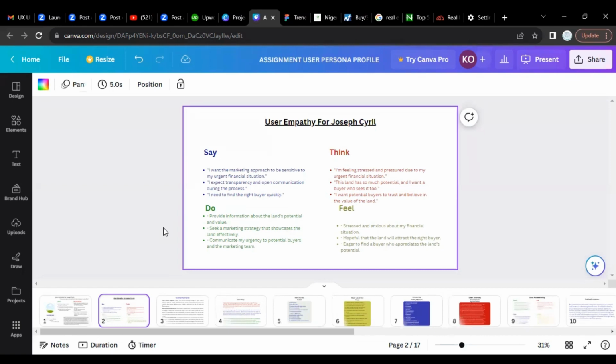For example, says means whatever the user says, like I am this kind of person and I want this. If someone says that, then we can keep those sentences in says. That can be multiple. And does means what he is actually doing or what he wants to do. Those are the things that come under the does section. And thinks means what he actually wants, what is his planning.